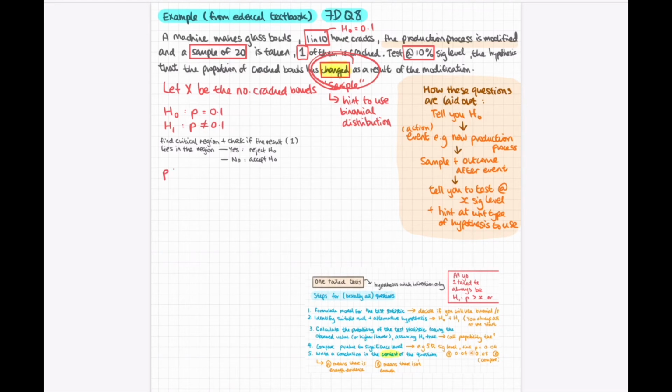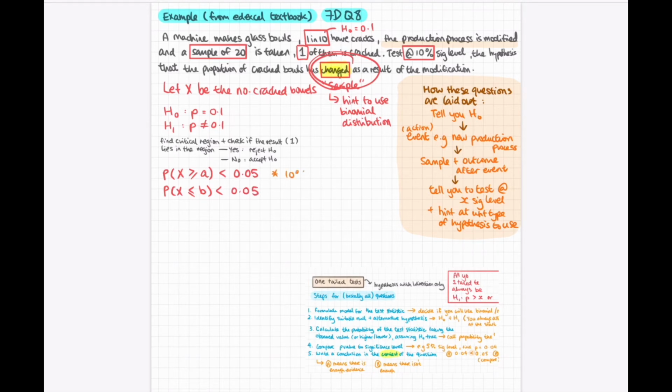So the probability that X is greater than or equal to a is going to be less than 0.05, and the probability that X is less than or equal to b is less than 0.05. I missed something very important, but I will get back to that.